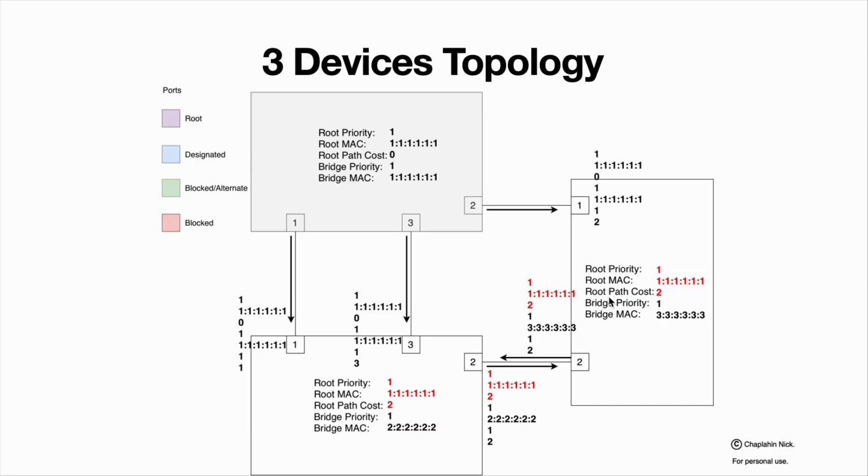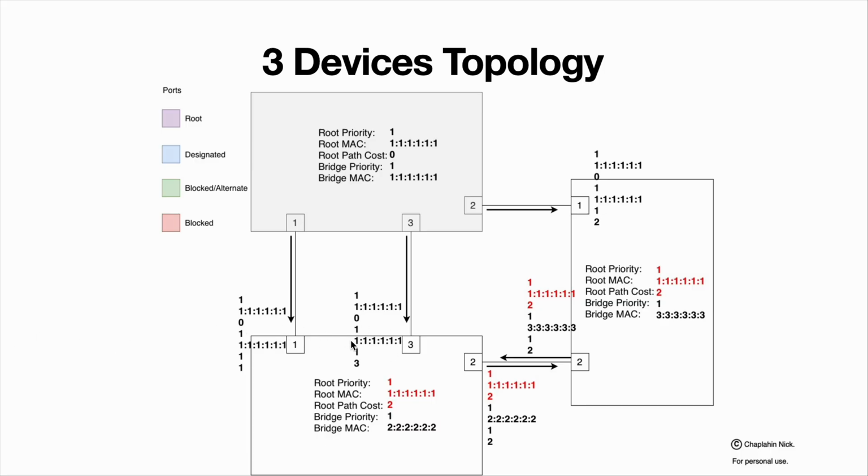Bottom and right switches learned that this one is root, applied that information, and calculated root path cost. For this example, they are equal. And since we have 2 ports where information was changed, they try to exchange this updated information with each other because, you know, this is important.